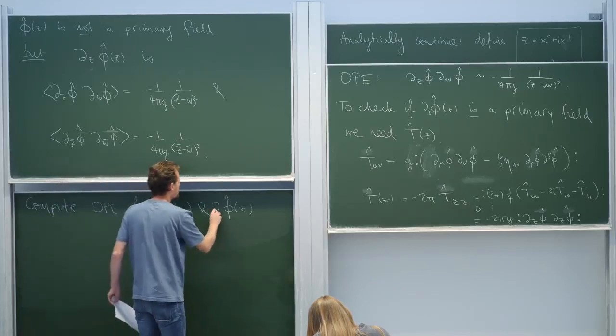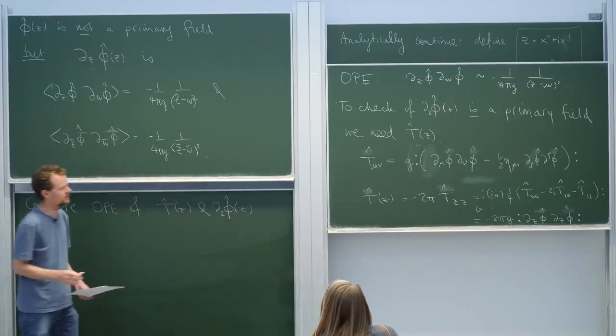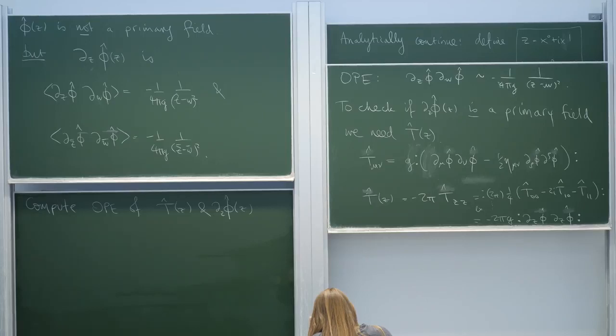Now I've done this three different ways over the years. I've done it by canonical quantization, I've done it by regularizing on the lattice, and today we're doing it by this. They all give the same answers, as they should for Gaussian theories.